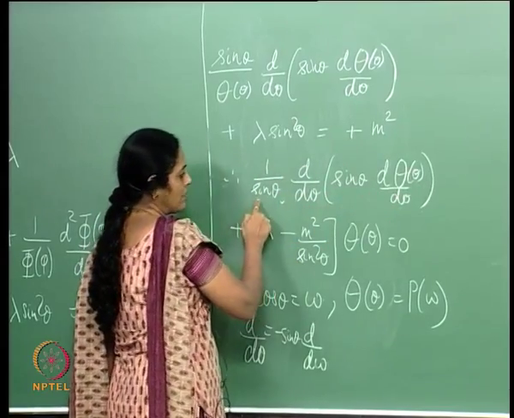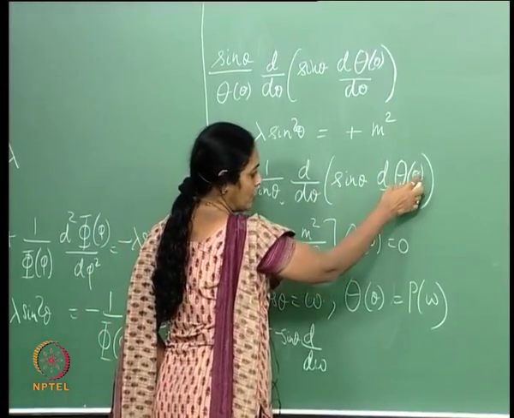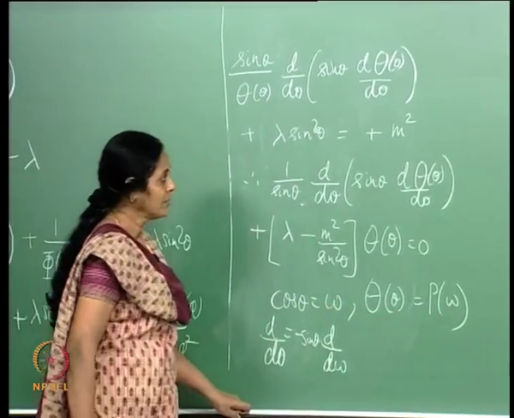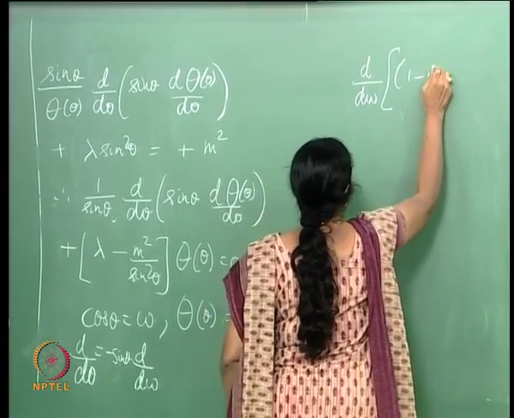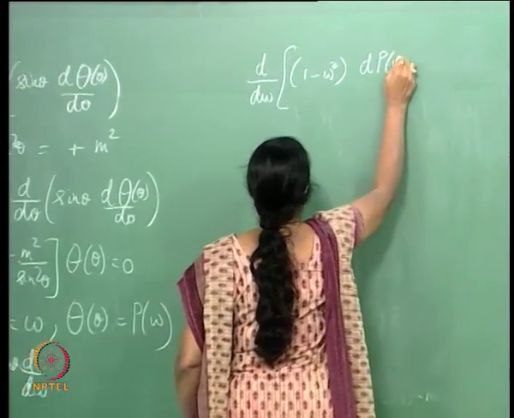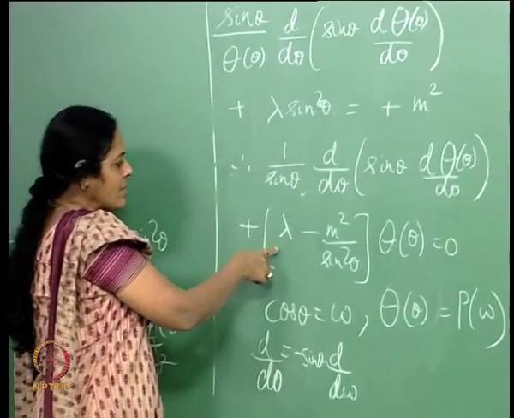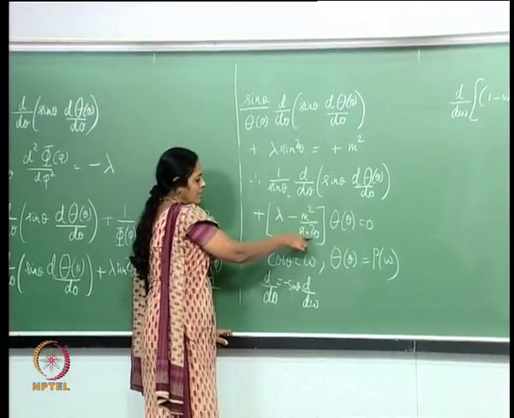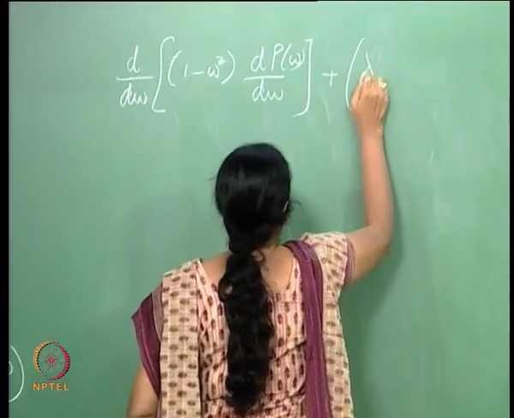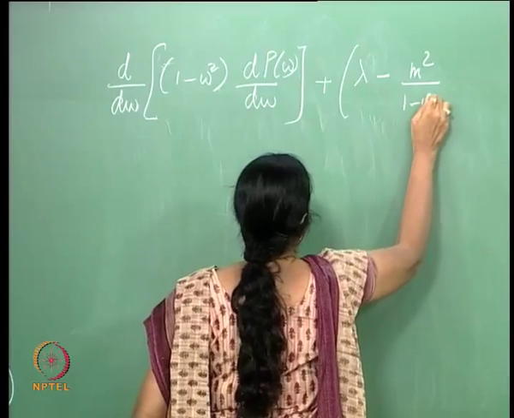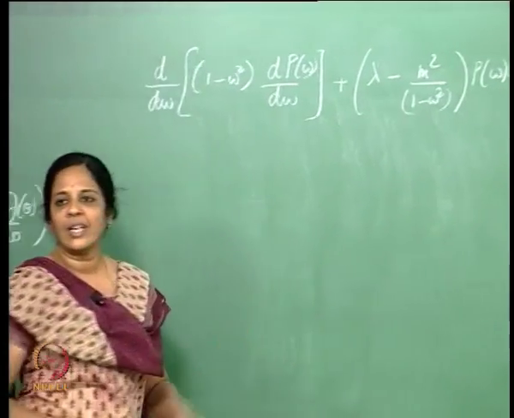So this whole thing just becomes d by dW of 1 minus W squared d by dW of P of W. So the first term just becomes this, plus lambda minus m squared by 1 minus W squared, P of W equals 0. So, this is the equation I have.